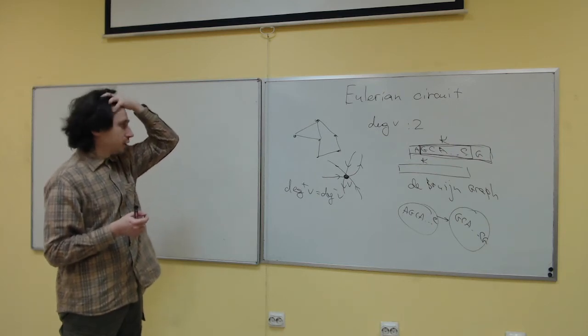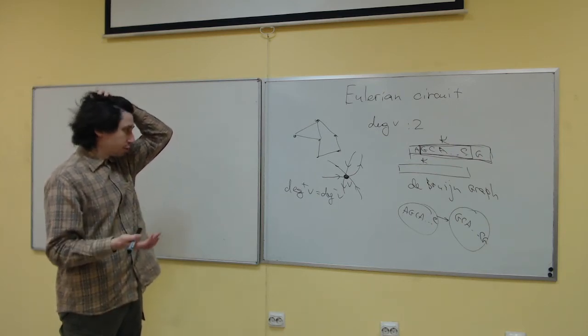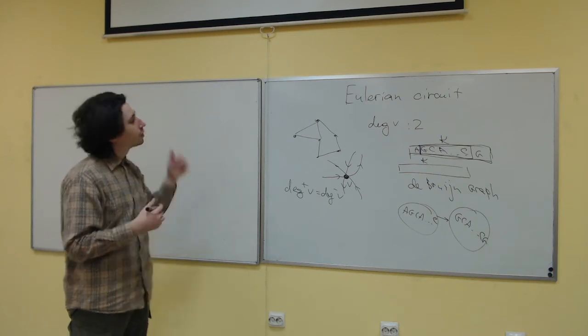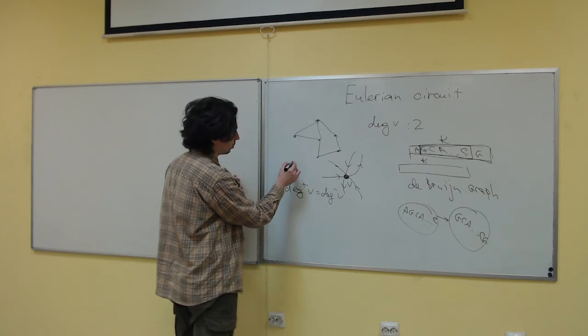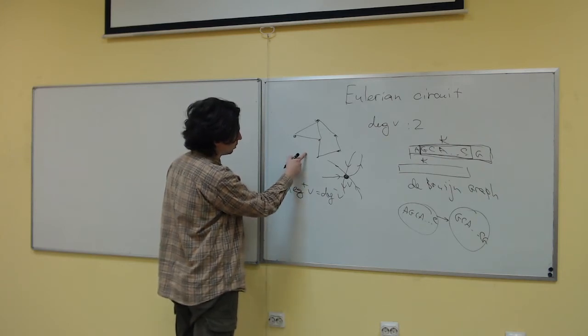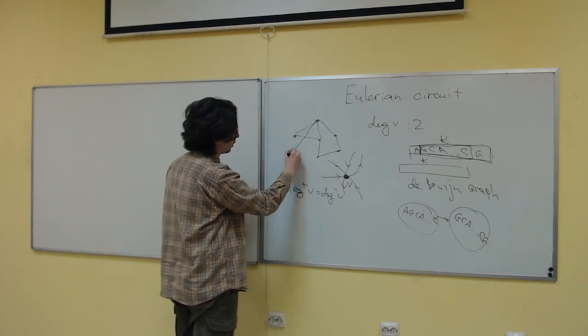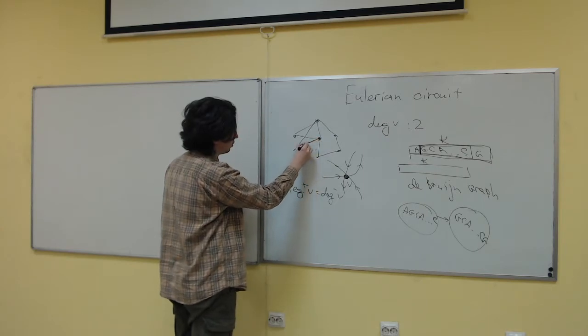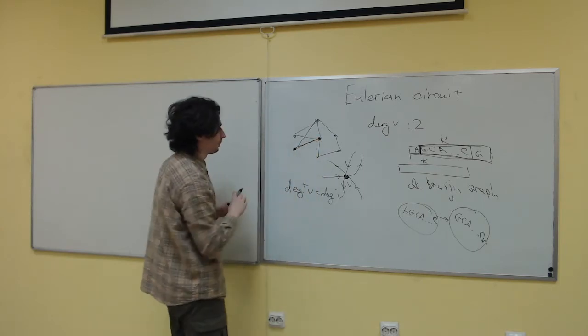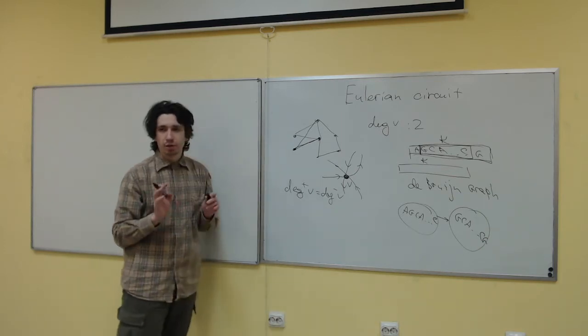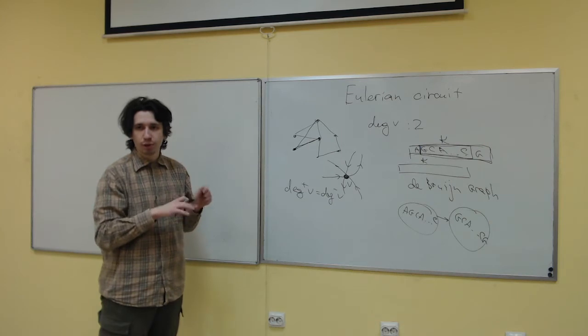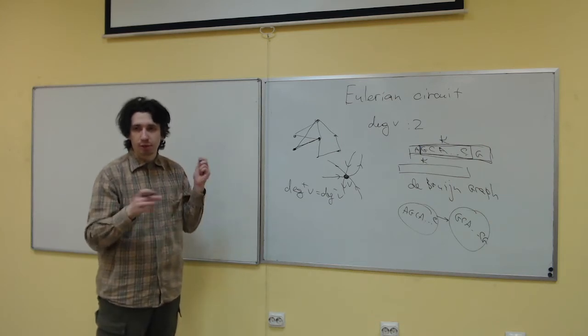So how do you think we can build an Eulerian circuit? It's pretty simple. Suppose we know that the graph has an Eulerian circuit or path, so we know which vertex to start from. In a circuit, we can start from any vertex.